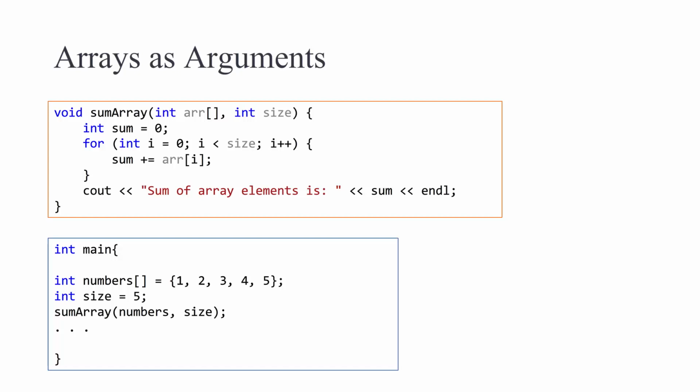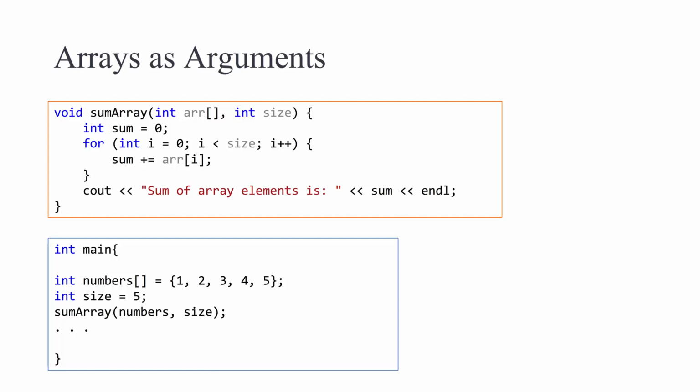The array parameter must also specify the size of the array, which can be done using either a constant value or a constant expression. Here is an example function that takes an array of integers as an argument and finds the sum of all elements in the array.